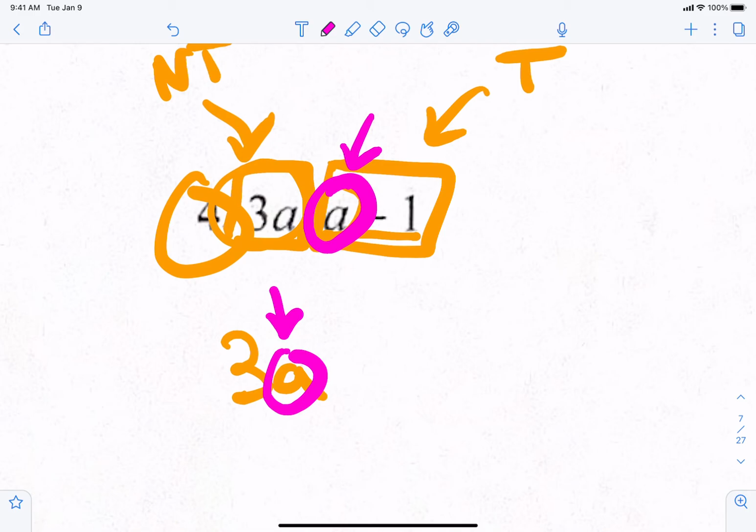Normally when you go through here, you'd think I need an a minus 1, but I already have an a, so I just need a minus 1. But you still need the a because one of them is a trapped a and one of them is not a trapped a. Does that make sense? So what's your denominator going to look like? What's your least common multiple going to look like? 3a.